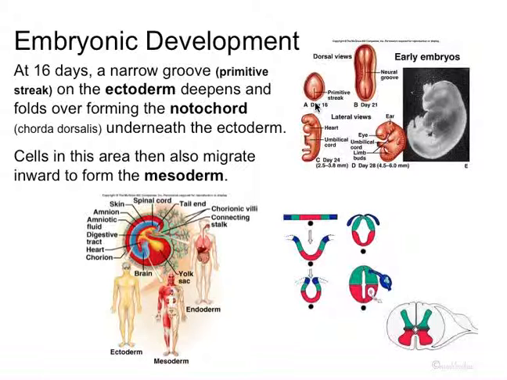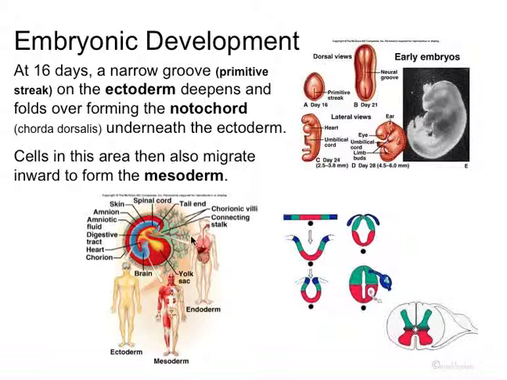On the ectoderm side, it deepens and folds over itself, creating an inside cord, the notochord, chorda dorsalis. That becomes the spinal canal, basically, and it's underneath the ectoderm. Cells in this area also migrate inwards and form the mesoderm.